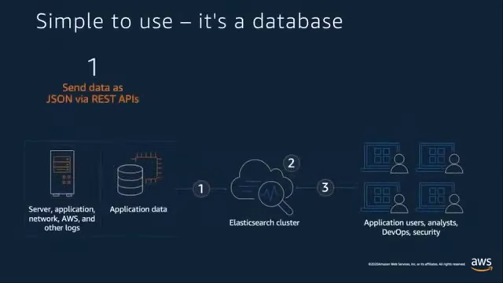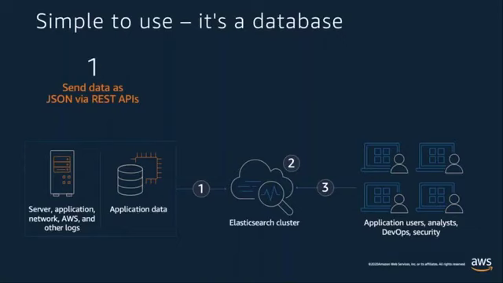To make the point, Elasticsearch is a database technology. It behaves a lot like a database. On the input side, depending whether you're doing search or logs, you're going to format your data as JSON, send it to Elasticsearch via REST API.